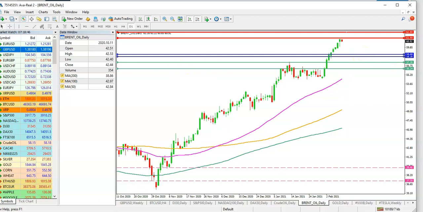In terms of risk to reward ratio, we are still very much okay because our risk under the current circumstances is this much, but in terms of our reward, we are looking for this one. So we really have nearly 2 to 1 risk to reward, this being our reward, this being our risk.